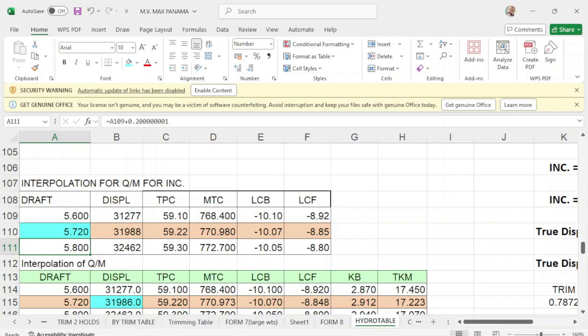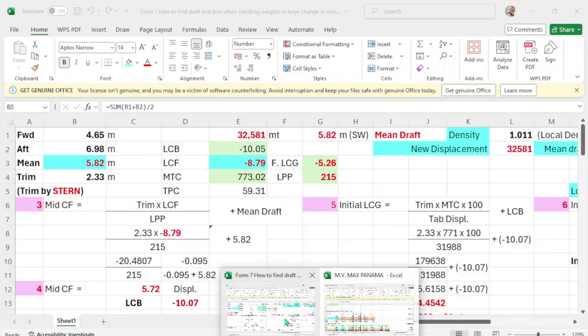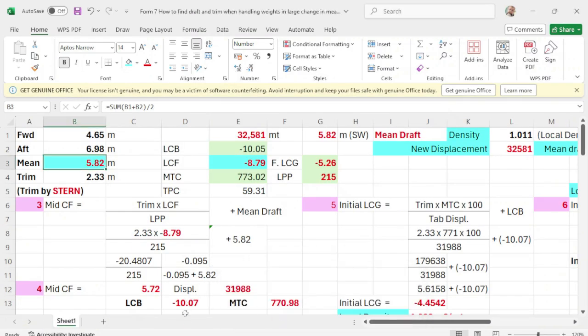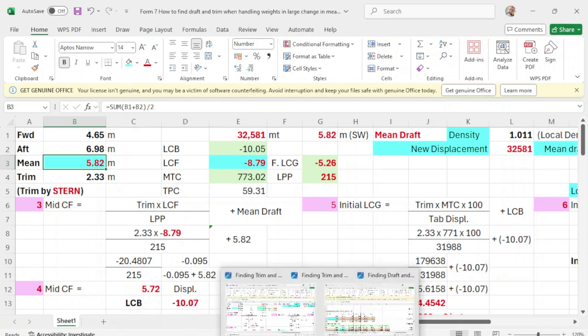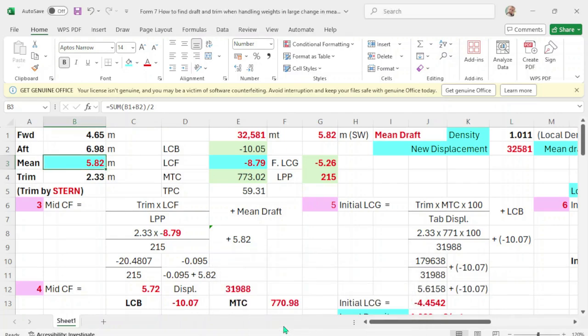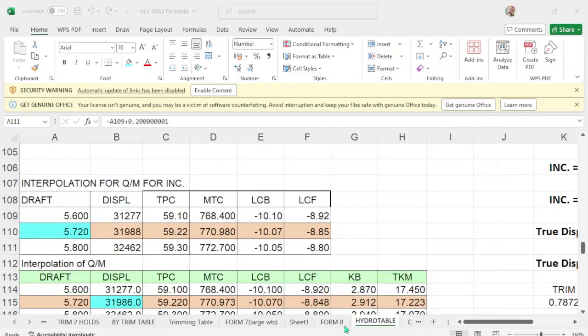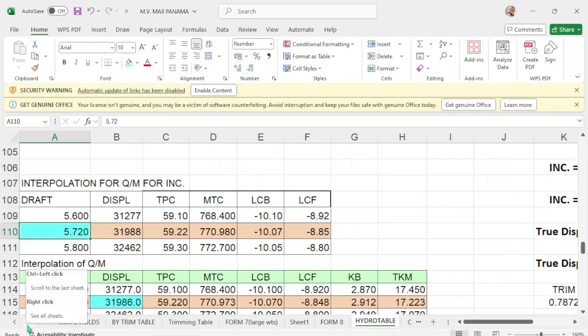So what I have in my Excel is 31988. Again, 5.72 is 31988.